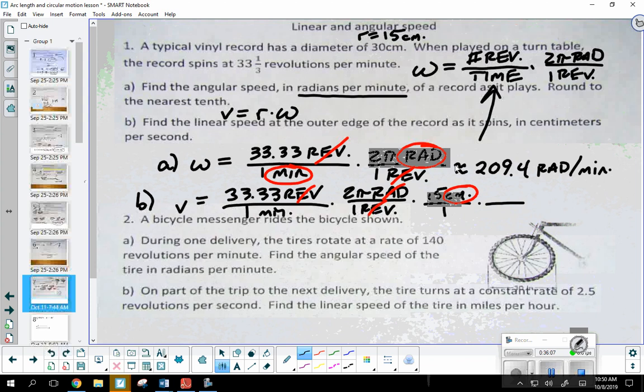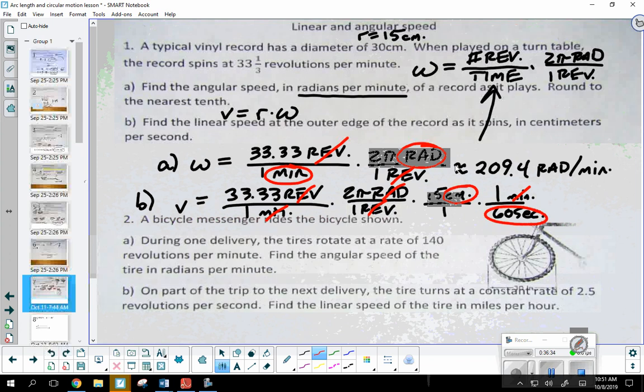But is everybody seeing how I'm doing this? You find angular velocity using those two fractions. In order to find linear velocity, you multiply angular by the radius. What should I put here at the end? I should put 1 minute over 60 seconds. See, there we go. Now the minutes are going to cancel. Now I've got centimeters per second.